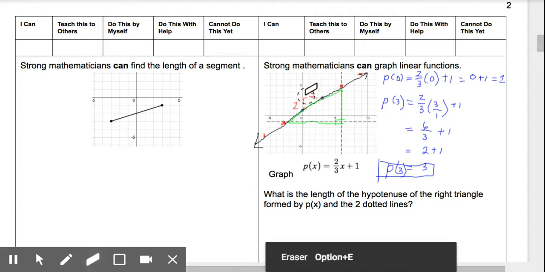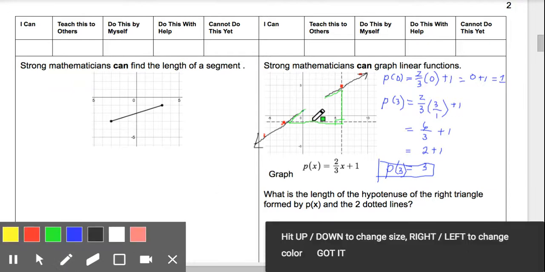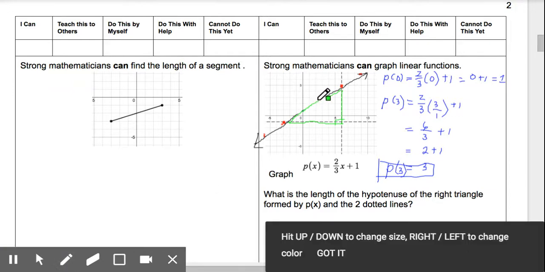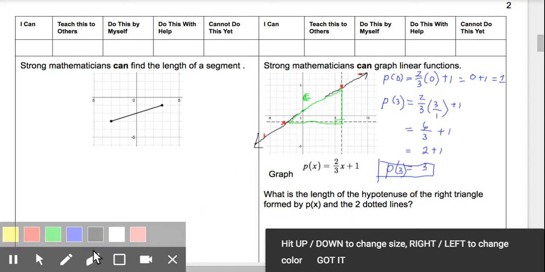So let me just erase this now. Okay. So we're going to look for C. We're going to look for the hypotenuse.